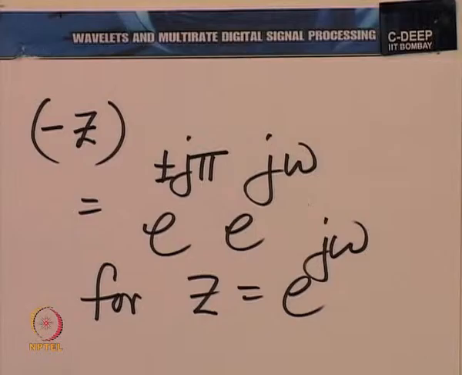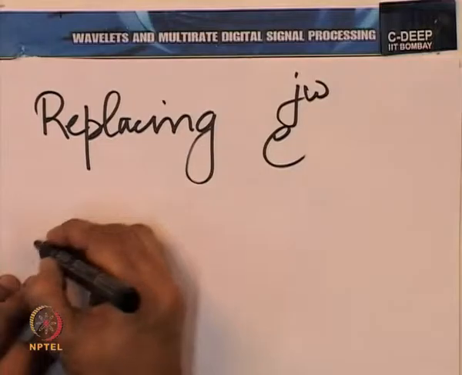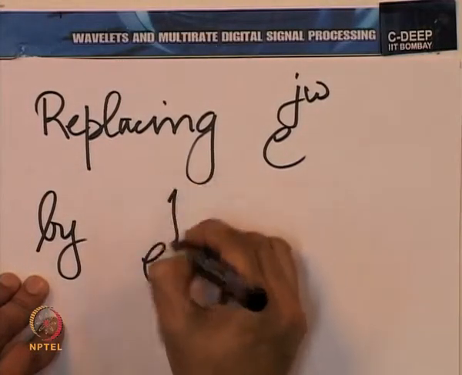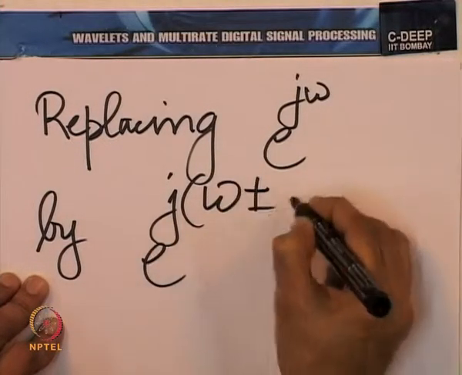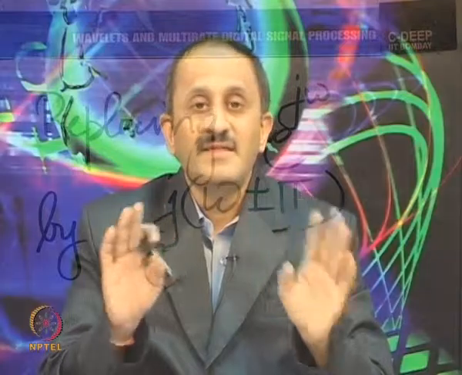Essentially, we are replacing e raised to the power j omega by e raised to the power j omega plus minus pi. In other words, we are shifting on the omega axis by either pi or minus pi. It should be noted that shifting by pi and shifting by minus pi are the same thing.